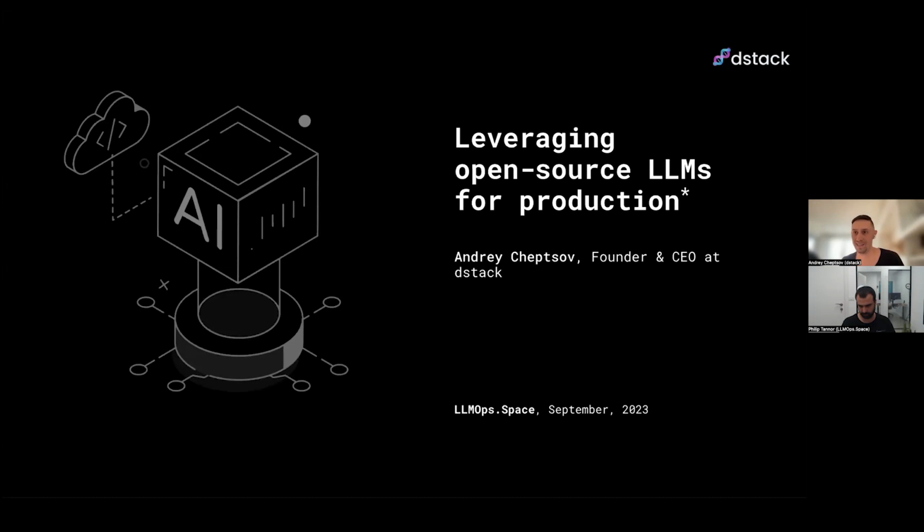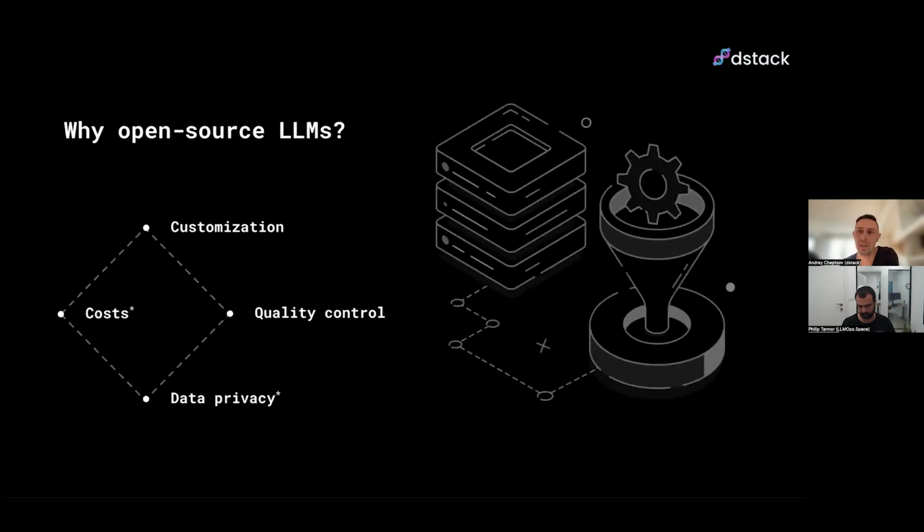So having said that, the first thing we would like to mention is the reasons for using open source LLMs in the end. There could be many reasons, and I would like to mention 4 of them. The first, and probably the most important, is customization. Open source LLMs are great because there are many of them, and you can take any of them, and if the license is permissive, you can build on top of that model.